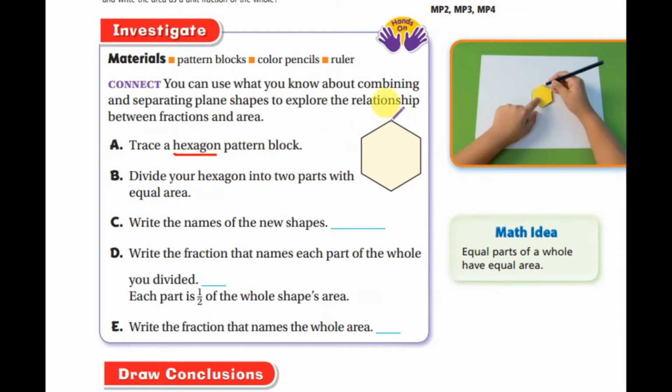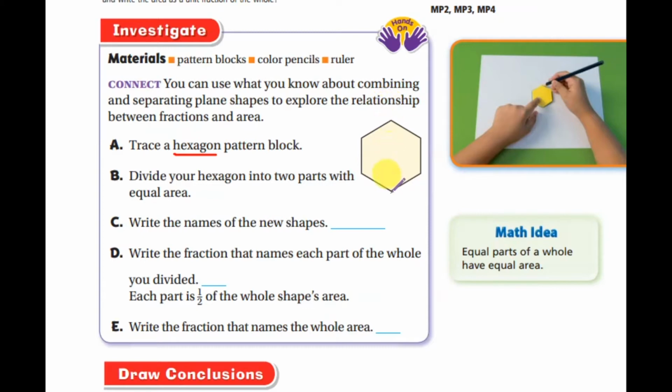So I have to divide it equally into 2 equal parts. And how do I know we divided it into equal parts? If I fold the separated parts over each other, they will match exactly. So let's see how we divide the hexagon into 2 equal parts.